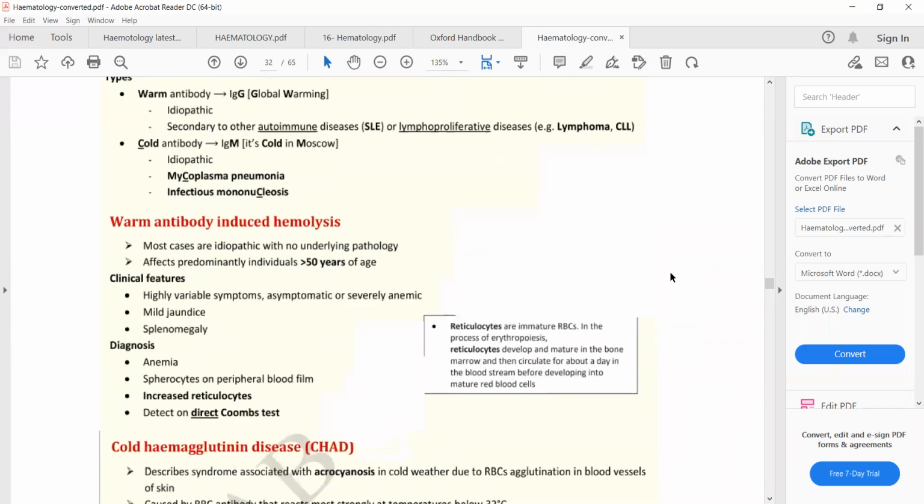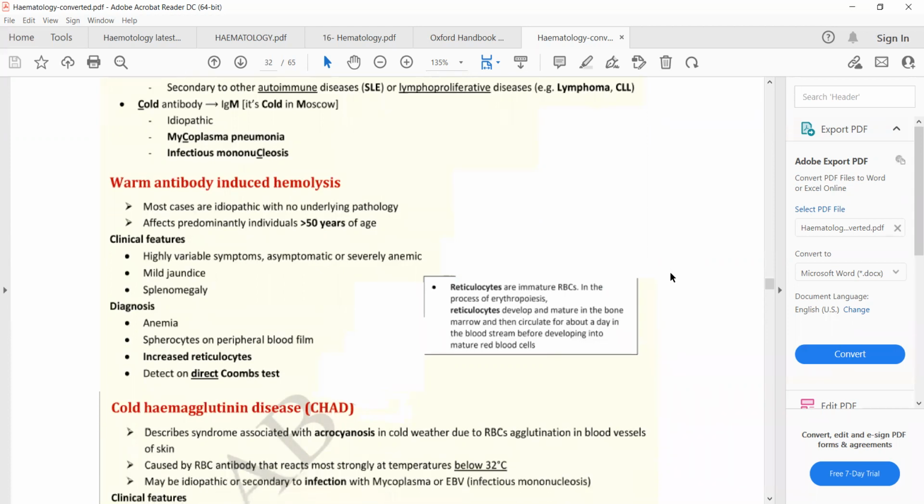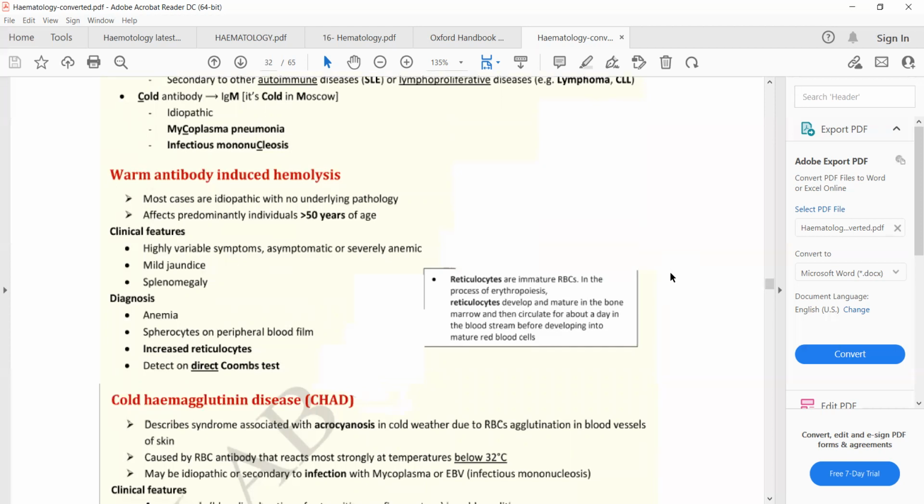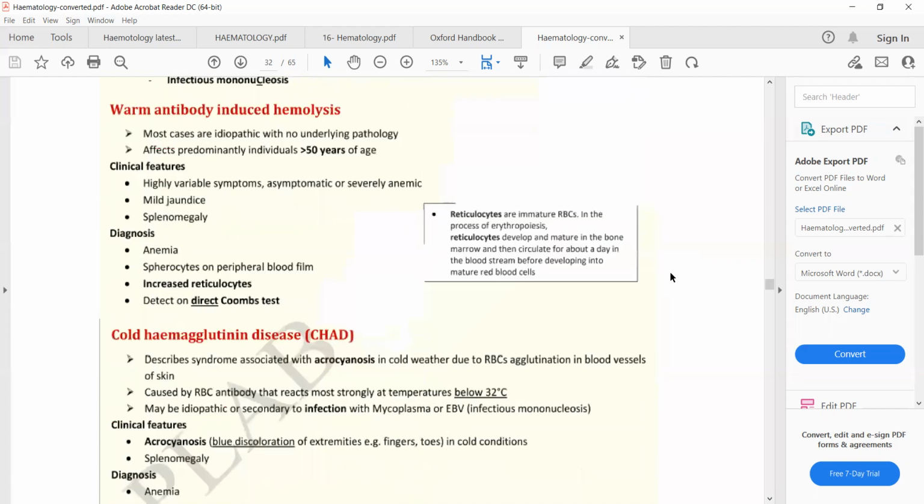The presenting symptoms will be the same as for hemolytic anemia, that is anemia, increased reticulocyte count, and spherocytes on a peripheral blood film. As we discussed along with hereditary spherocytosis, the only way to differentiate between autoimmune hemolytic anemia and hereditary spherocytosis is through a Coombs test. If the Coombs test is positive, then it is autoimmune hemolytic anemia.